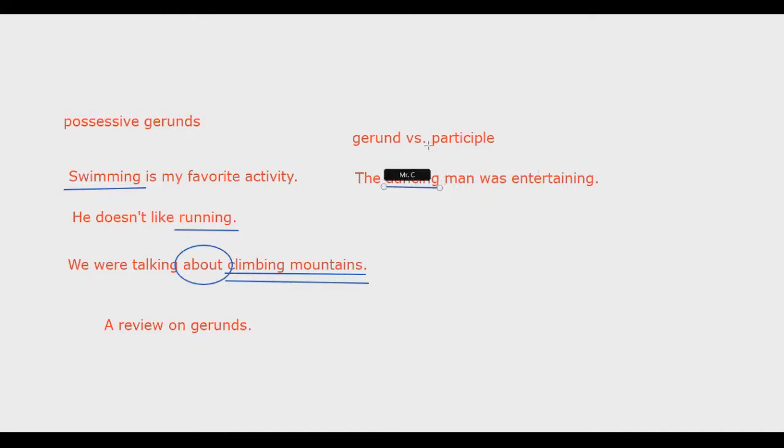It's not a gerund. It's a participle because it's functioning as an adjective. It describes man. So that's what makes it a participle instead of a gerund.